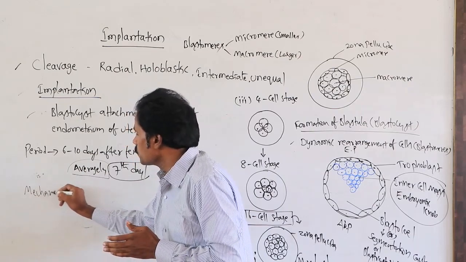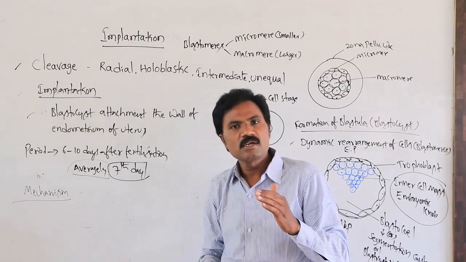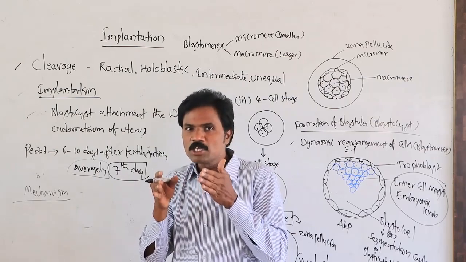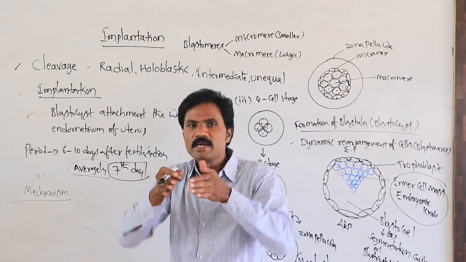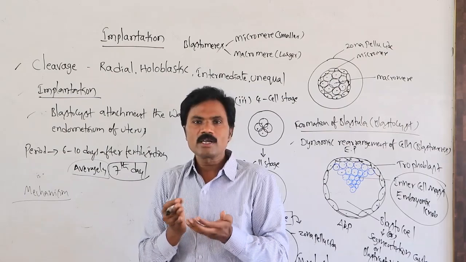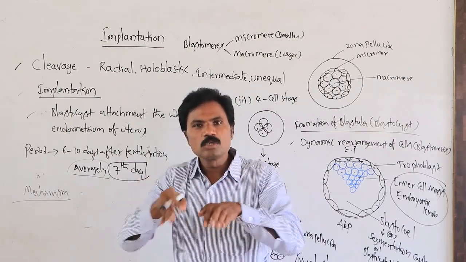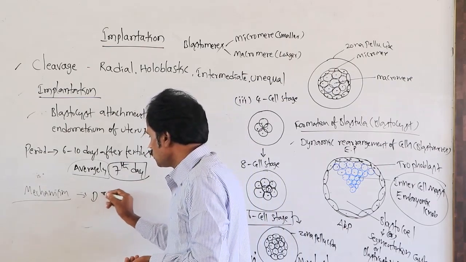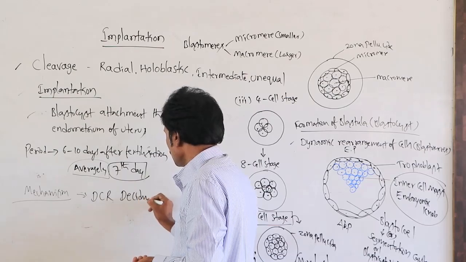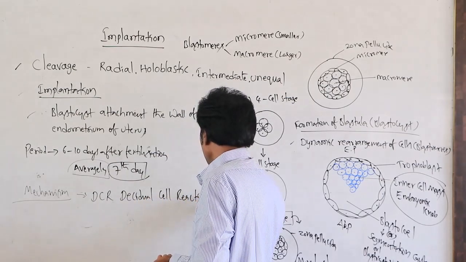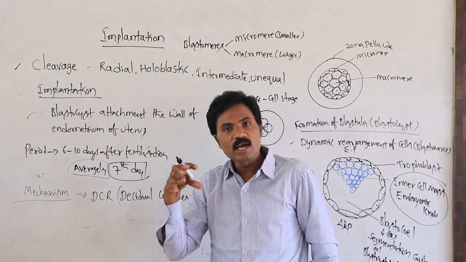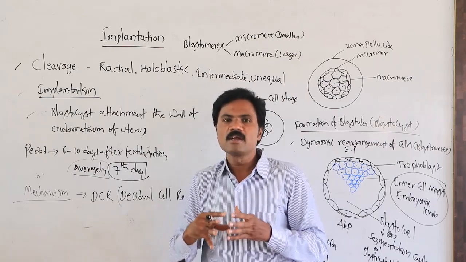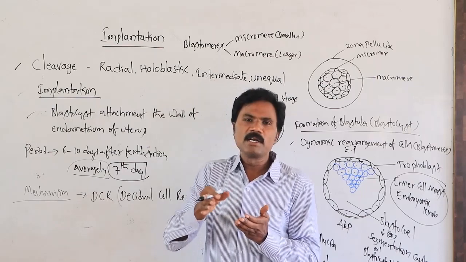Then what is the mechanism? Immediately after attachment to the wall of the endometrium of the uterus, the cells present in the endometrium are ready to bind and attach to the blastocyst. What type of cells? First, the decidual cell reaction takes place. After attachment, the epithelium of the endometrium is stimulated, with continuous rapid cell division.